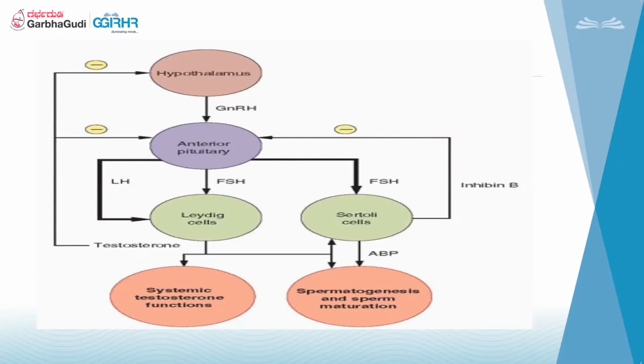The testosterone which enters the circulation also binds to the serum binding protein, and whatever is left is the free testosterone. Testosterone itself controls the secretion at the level of the hypothalamus and the pituitary by down regulating the secretion of gonadotropins. So this is a very basic picture of how hormonal control takes place in the hypothalamic pituitary gonadal axis.